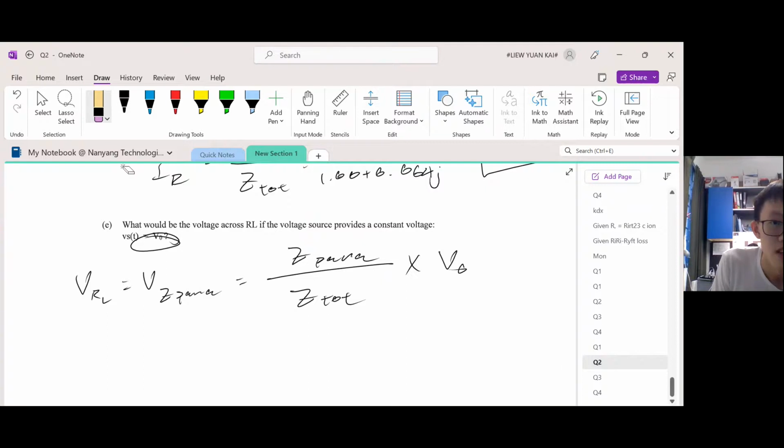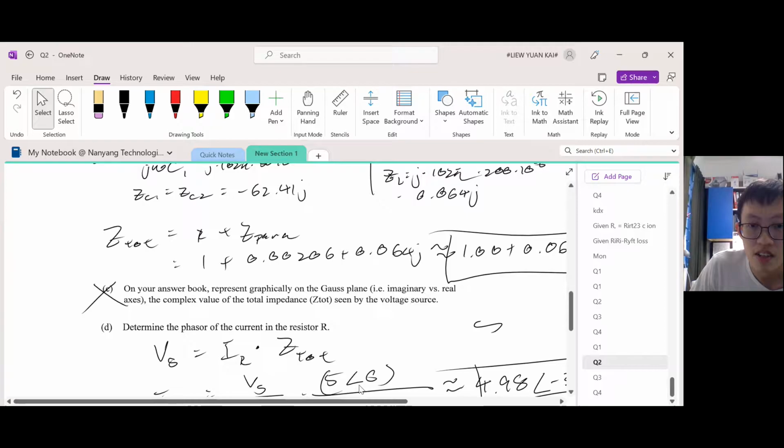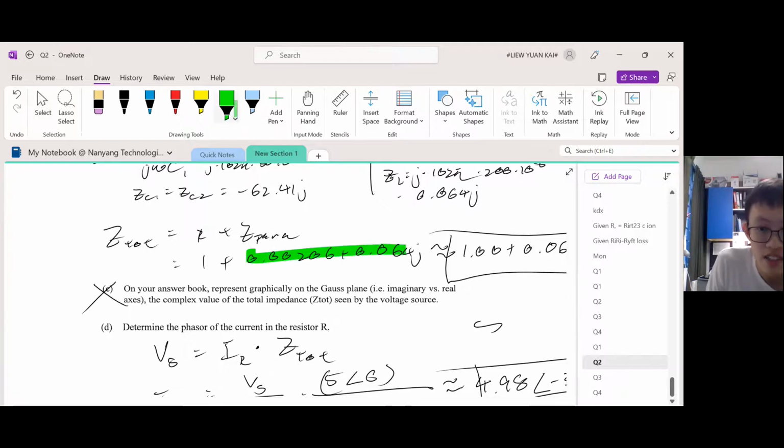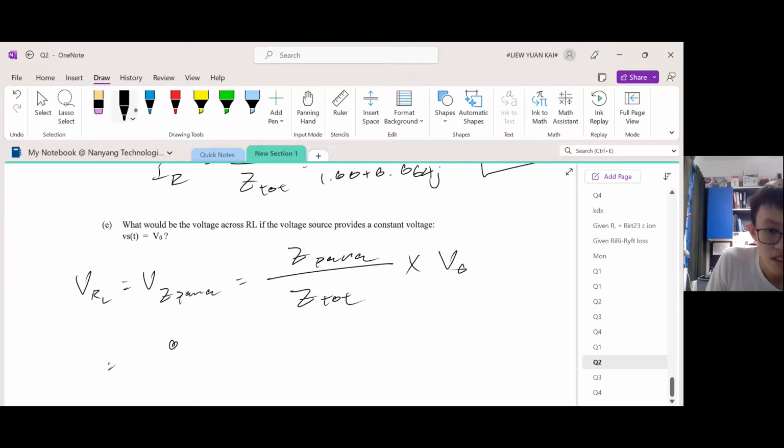This is the voltage source. So Z para we got earlier was this, right? See, this is our Z para. So we're going to chuck this in.